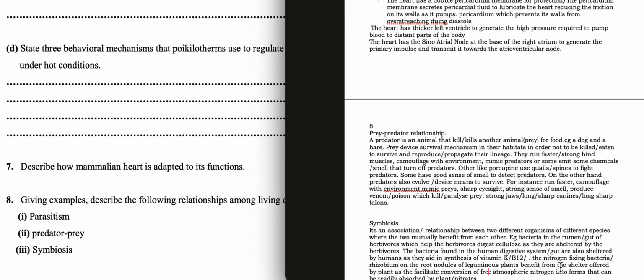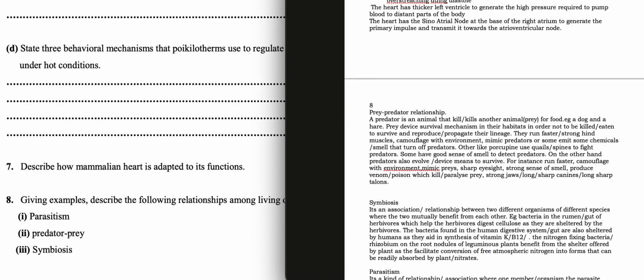The nitrogen-fixing bacteria, that is rhizobium, on the root nodules of leguminous plants benefit from the shelter offered by plants as they facilitate conversion of free atmospheric nitrogen into forms that can be readily absorbed by plants.